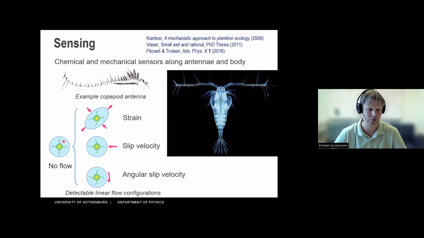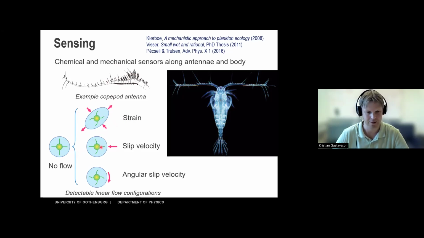Basically how they can do it is by having these setae, or these hair-like structures, at different locations. Without the flow, you just have a neutral orientation of these setae, and then if you have a strain, that is a flow that moves in to some region and then out perpendicular, you will have some specific pattern of these setae. You will get stretch where the flow moves out, and then they bend inwards when the flow moves in.